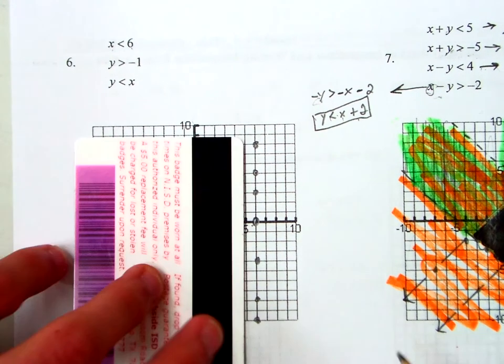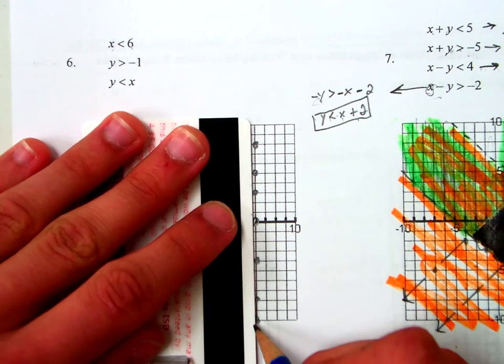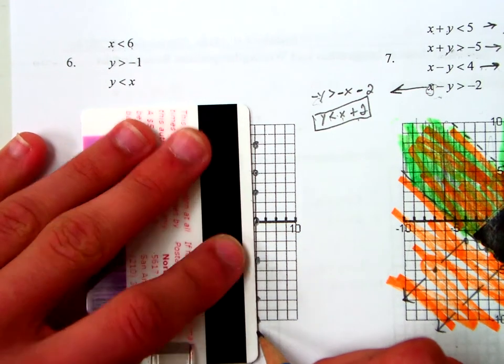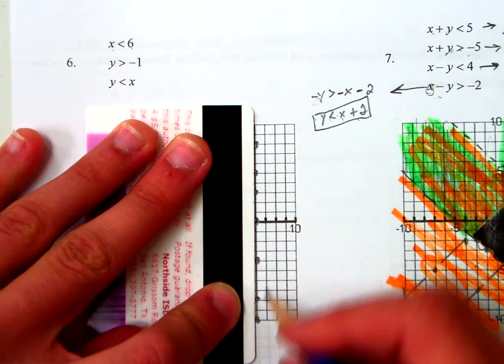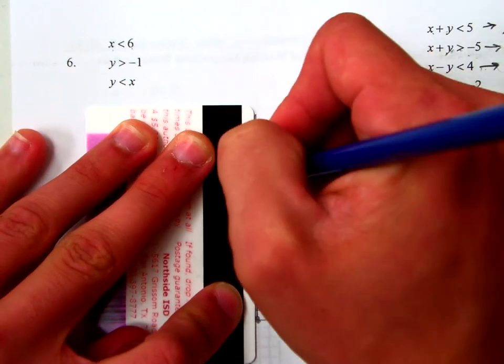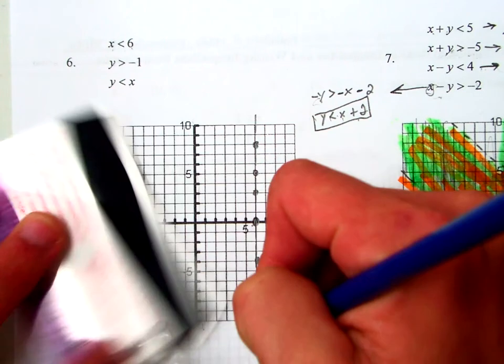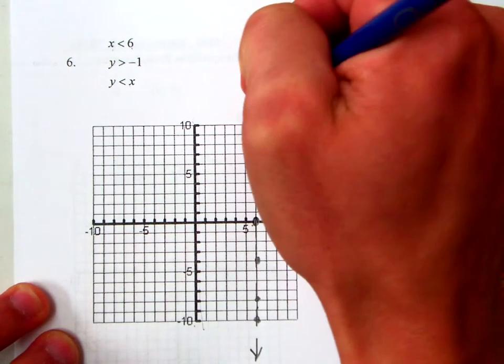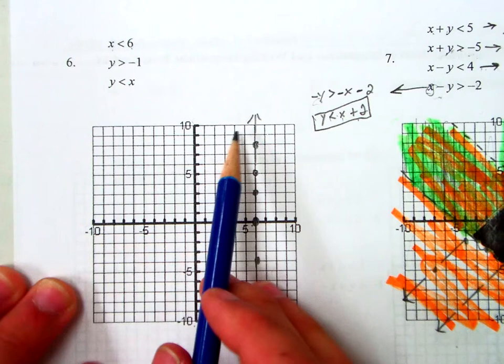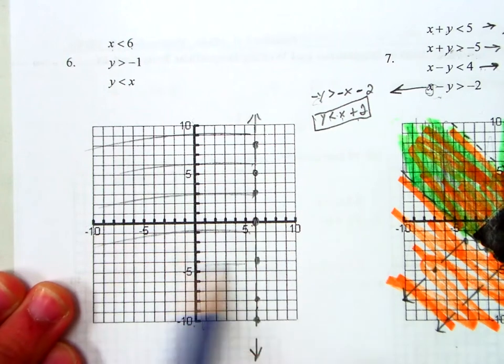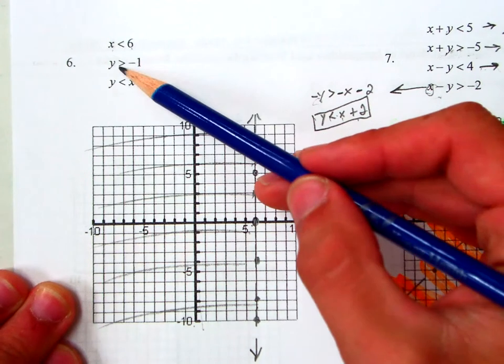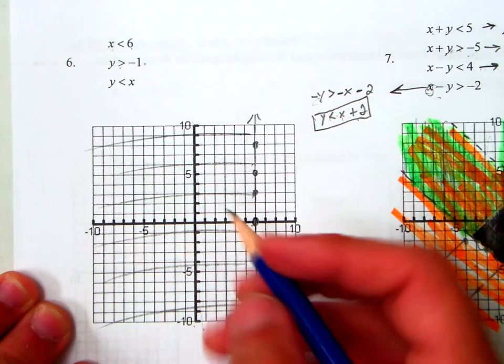So you've got a vertical line that is going to be, again, dashed, unfortunately. So dashed vertical line, and it says that x has to be smaller, so it's shaded somewhere over here.